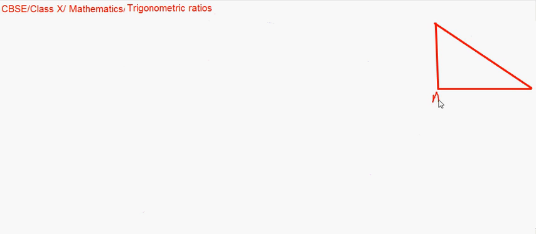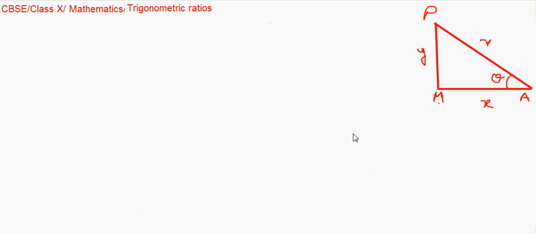I'll start here, A. This is given by P, maybe this M. Okay, the perpendicular, this is Y, this is X, and this is R. I'll let you understand what we are talking about.